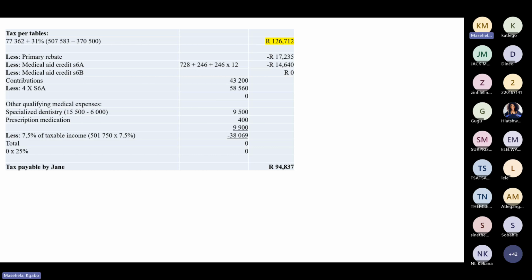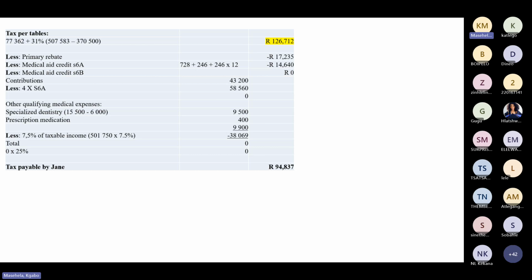Then it will be 3,600 multiplied by 12, which equals 43,200. Then less 4 times section 6A, because we have calculated 6A as 14,640 above.